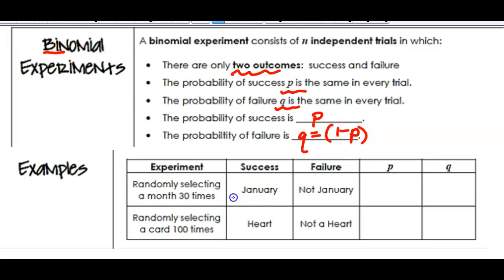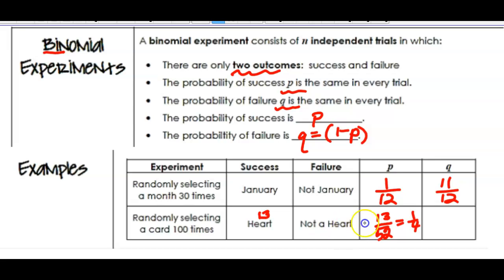So the chance of randomly selecting a month 30 times and getting January would be 1 out of 12. Not getting January would be 11 out of 12. If we're selecting a card 100 times and you want a heart, there are 13 hearts out of 52, or 1 in 4.